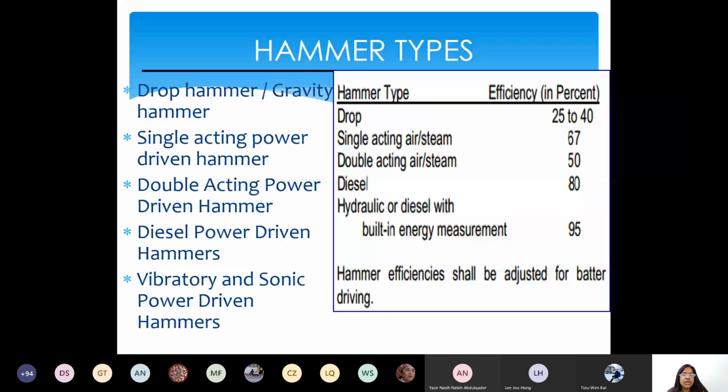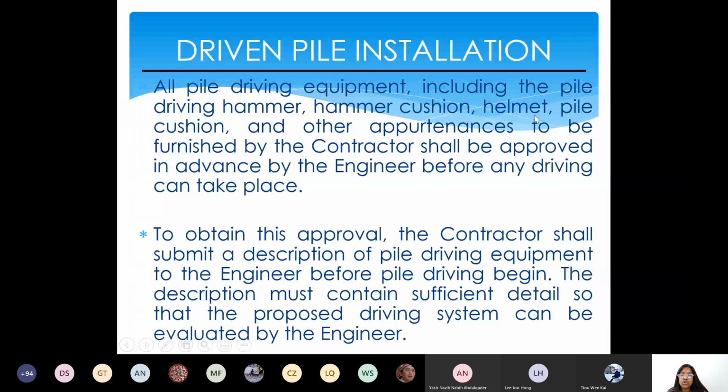They get approval, they get proper equipment, and all this equipment should be properly chosen and approved. There is a separate approval. The contractor should get approval before the pile driving is started, so you can avoid any type of failure. It may be cracking, swelling, and then being thrown off, right?